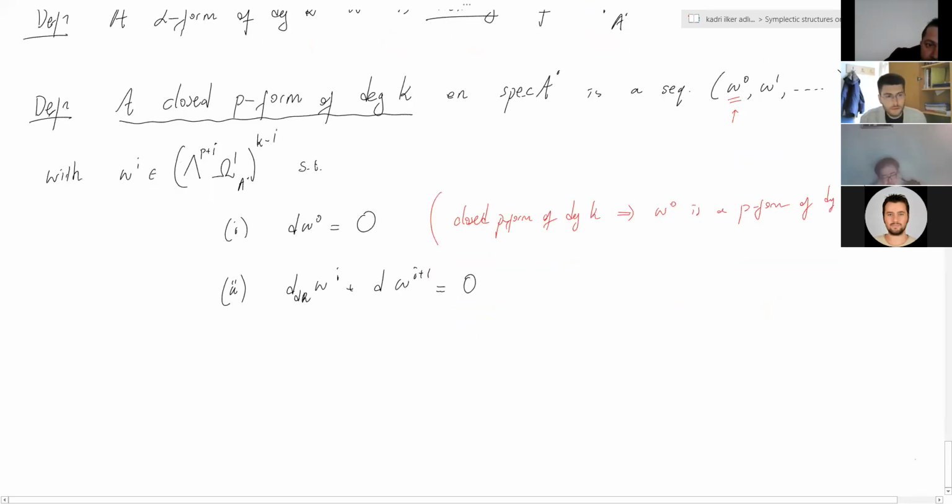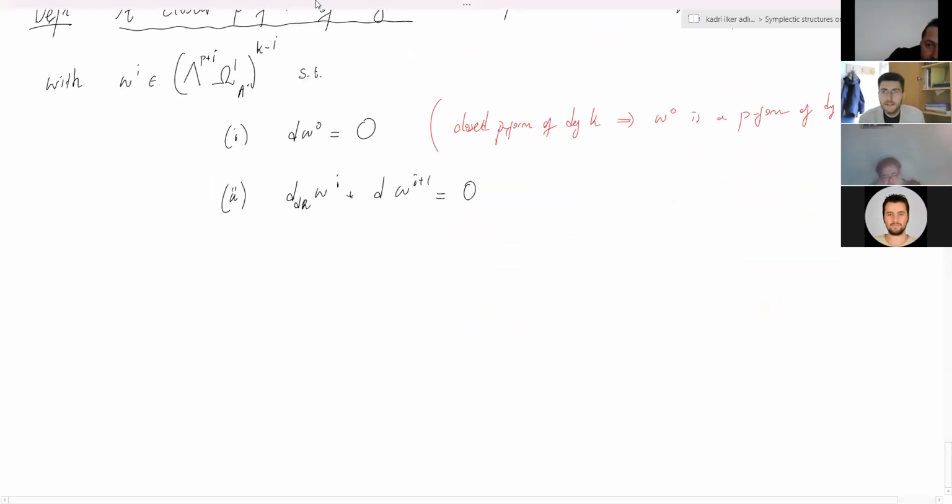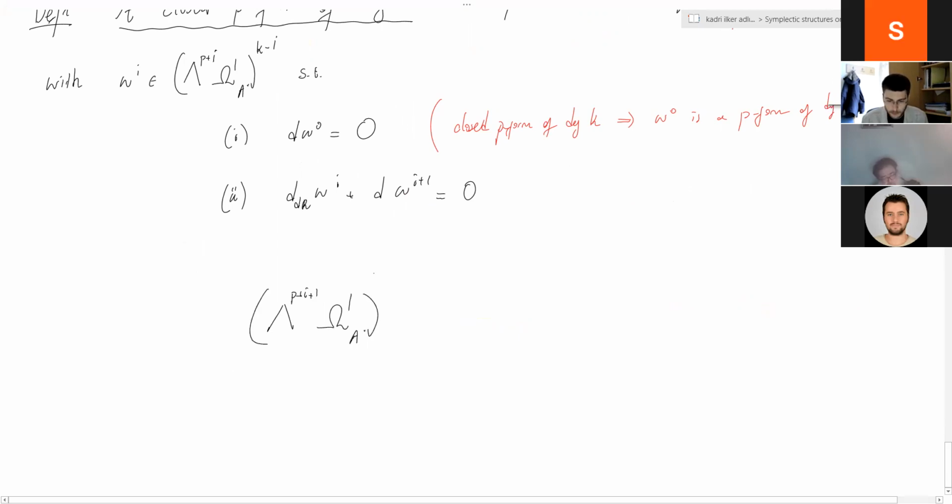The second condition looks complicated, but if you sketch a picture like this, you can easily see what's going on. Actually, this is a double complex. So let me quickly sketch a diagram. Something like this. So this is D. Since we act by D, it means that it increases degree by 1.